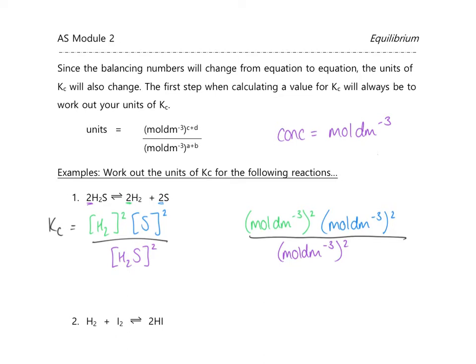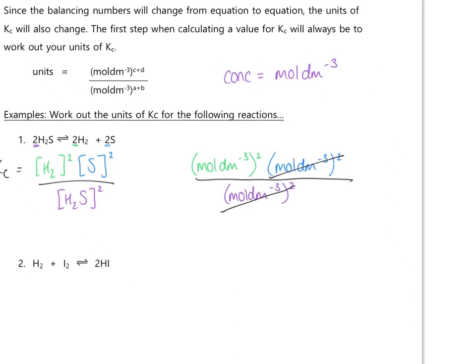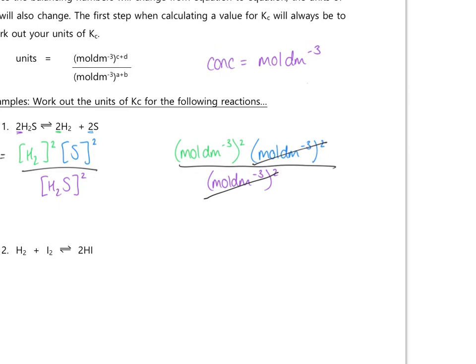If I looked at this particular example, I would probably see that my moles per decimeter cubed squared on the bottom would cancel out with one of these brackets, because they're both moles per decimeter cubed in the brackets and squared on the outside of the bracket. That would leave me with moles per decimeter cubed in the brackets to the power of 2.